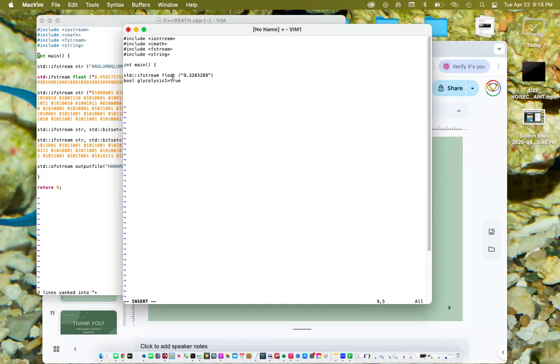So I want to activate the Boolean loop, and I'm going to name it glycolysis one.